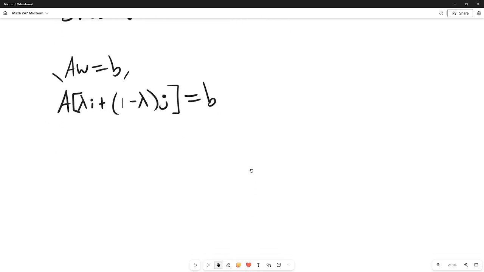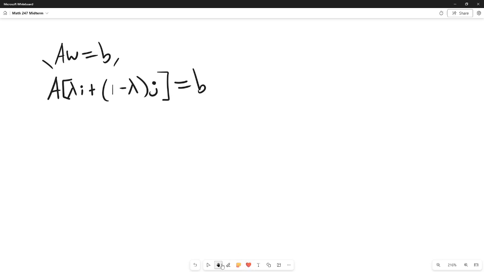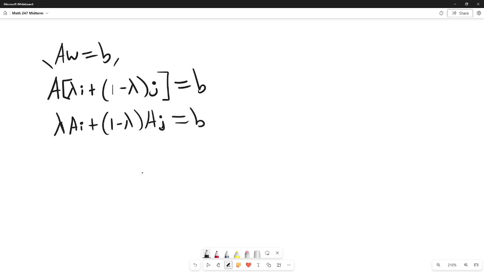Now we can distribute that A. So that's going to look something like lambda AI plus 1 minus lambda AJ is equal to B. Well, what did we say before?